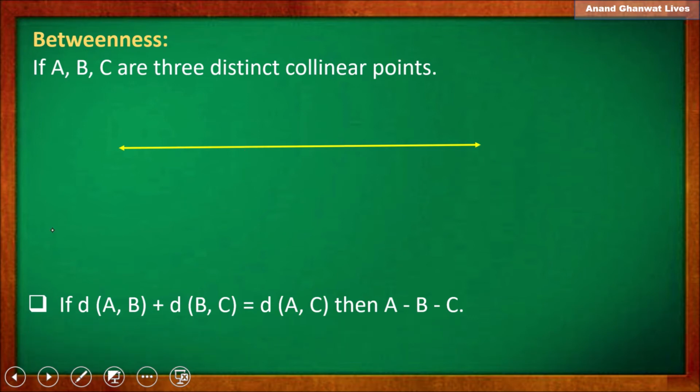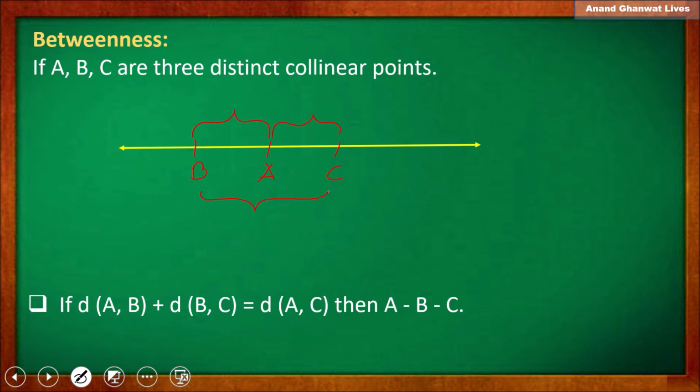Okay. Take another condition that point B is here, then point A is here, and then point C is here. The distance between point A comma B plus the distance between point A comma C is equal to the distance between point B comma C, means B and C are extreme points.